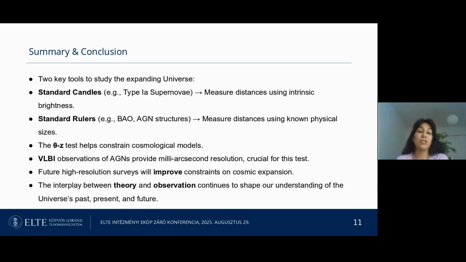Early attempts faced challenges, but VLBI has revolutionized the method by providing high-resolution observations. And our ongoing research and future surveys will further refine our knowledge of cosmic expansion.